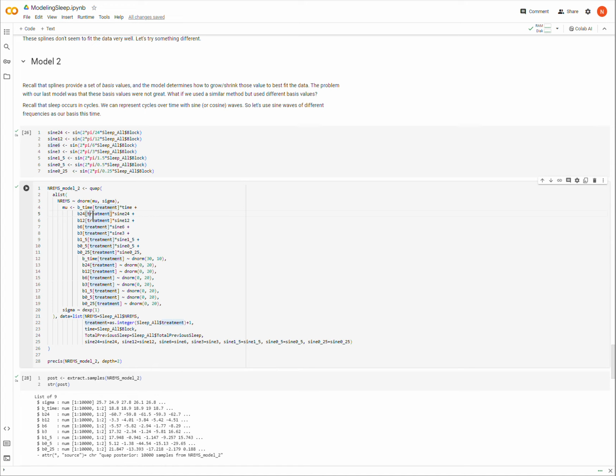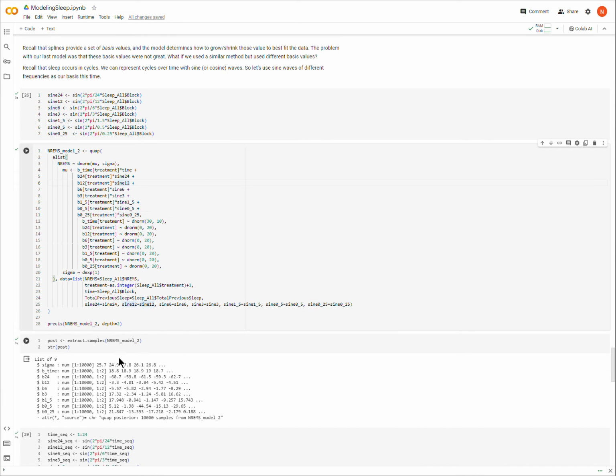And I'm going to have a different estimate for both groups times sine 24, a different coefficient multiplying sine 12, 6, 3, and so on and so forth, okay? And again, you can look at the model in a little bit more depth, but it's very, very similar to what you've just seen in Model 1, but now using sine functions instead of the basis splines that we initially created.